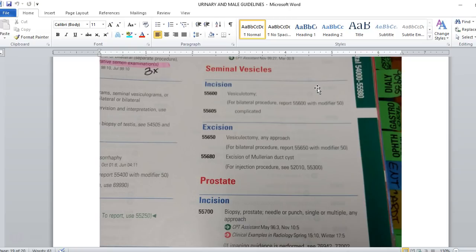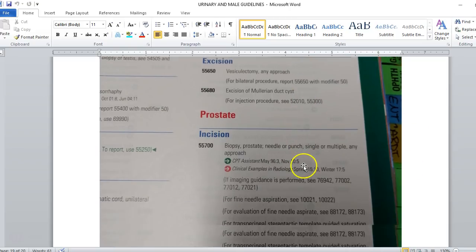Because if there's anything else wrong with it, we're usually just going to remove it. But again, we want to be careful because when it comes to seminal vesicles, for a bilateral procedure, we use the code with modifier 50. So again, be careful. Same thing with the testes, the lefts, rights, and bilaterals here.